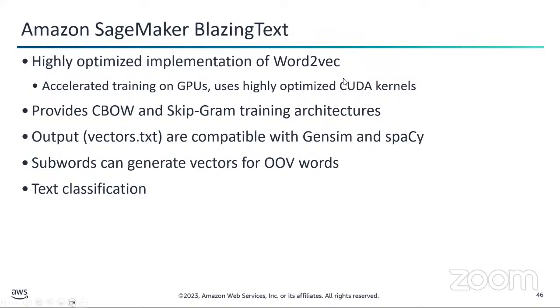CUDA is basically the GPU language from NVIDIA. That's why NVIDIA became a $3 trillion company, because even though they started with graphical processing for video games, it turned out that parallel processing, with simpler processors that can process data in parallel, is ideal for matrix manipulation. Most artificial intelligence algorithms are matrix based, multi-dimensional actually.